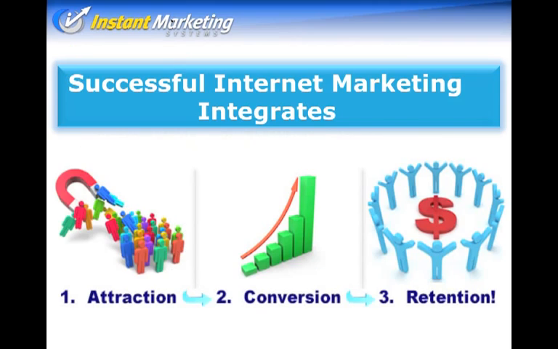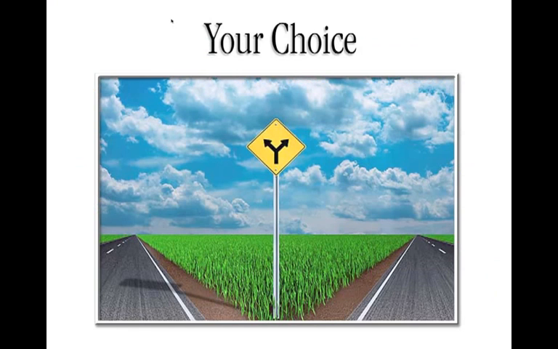That's what it's all about. You see, successful internet marketing integrates attraction, conversion, and retention, and it does that all through marketing systems. And one of the conversion marketing systems is email marketing, capturing emails, having emails in your database and being able to market to them. So it's basically your choice.